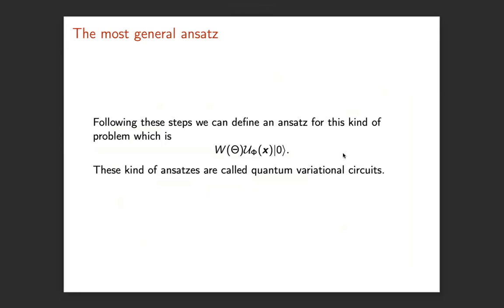Following that kind of ansatz, you operate with this unitary transformation. You perform the rotations. This is a typical way by which you would encode the features of a given data set. And then you operate with a parameterized circuit where you have the parameters phi and the parameters theta. These kinds of ansatzes are normally called quantum variational circuits.